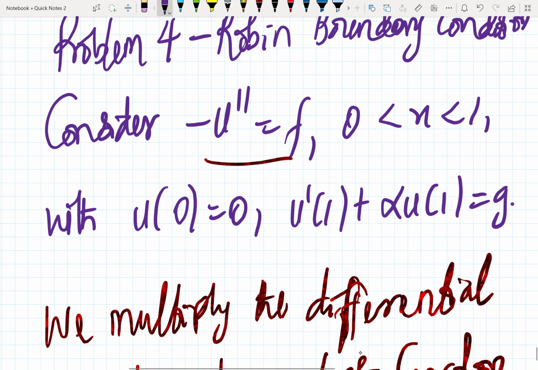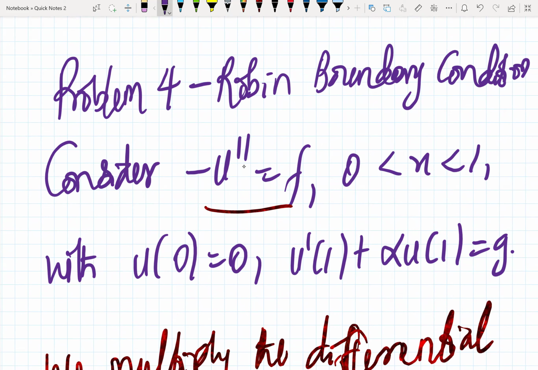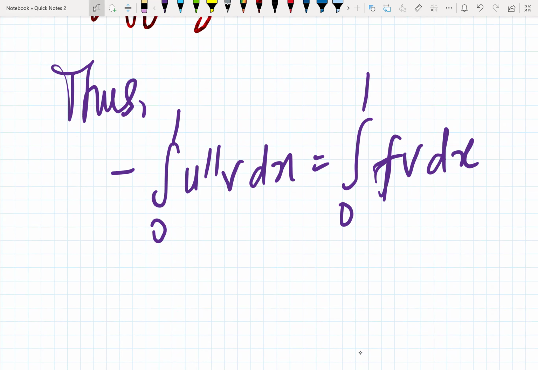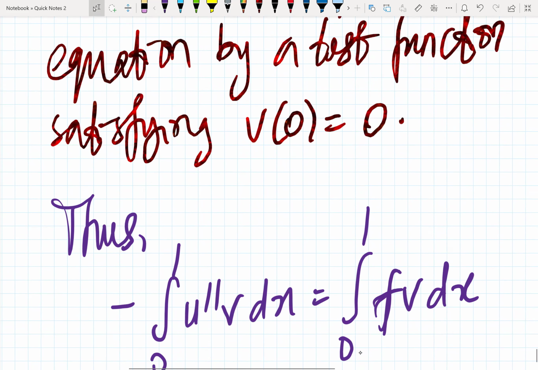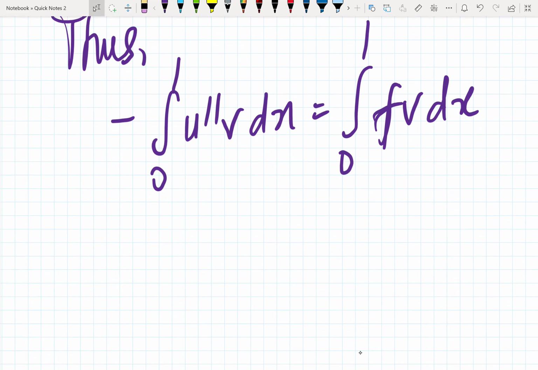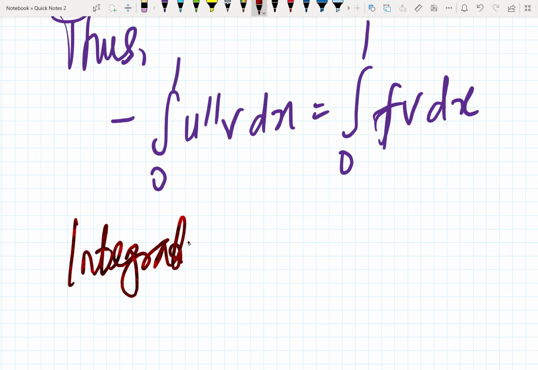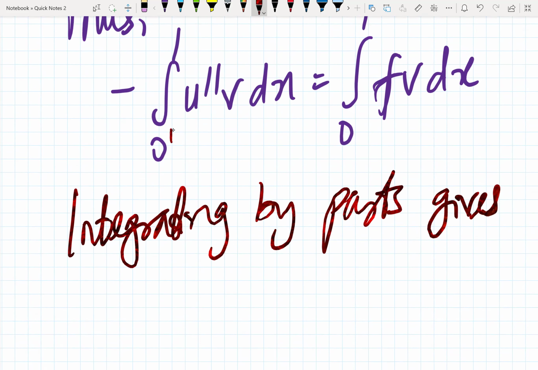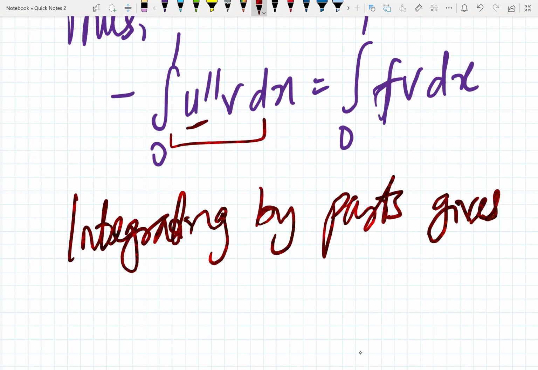Normally we have minus u prime prime v equals fv, and then we integrate by parts, and we end up with this expression right here. We have 0 to 1 because the domain itself is 0 to 1. Integrating by parts reduces the derivative requirements: instead of a second derivative, we can have two first derivatives.